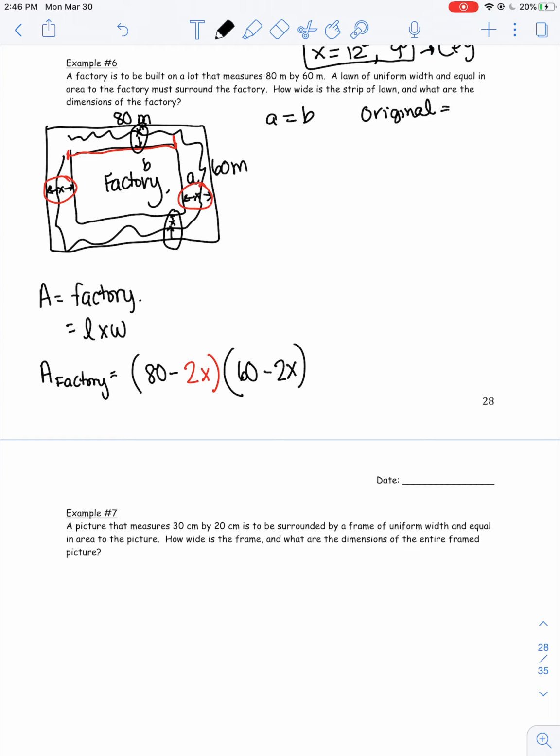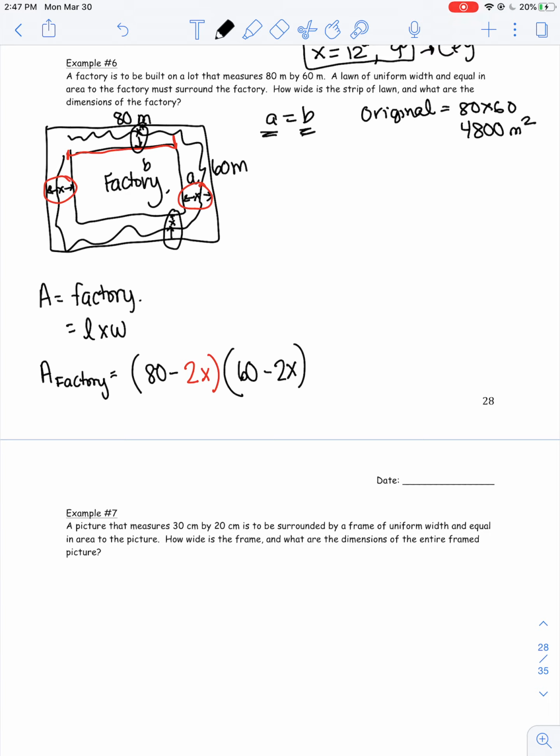The area, we have to look at the original area, which was equal to 80 times 60. If we multiply them, we get 4,800. And that will be in meters squared.